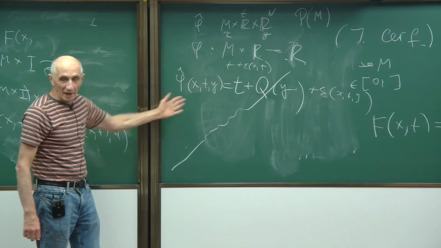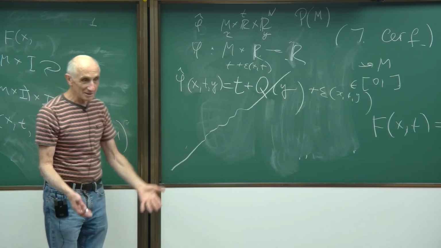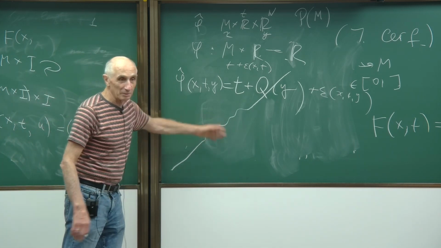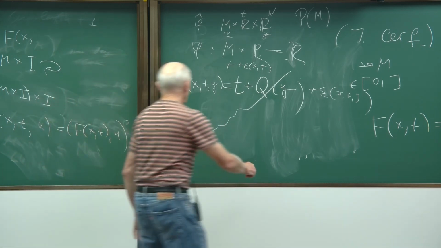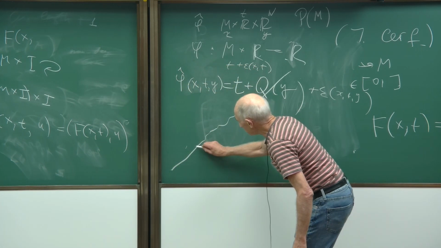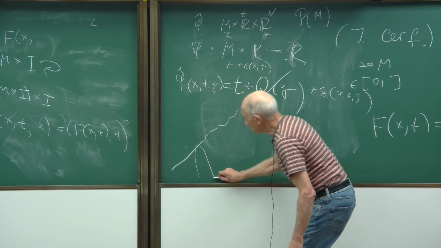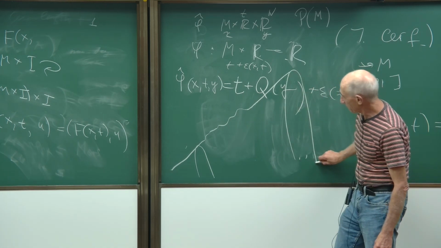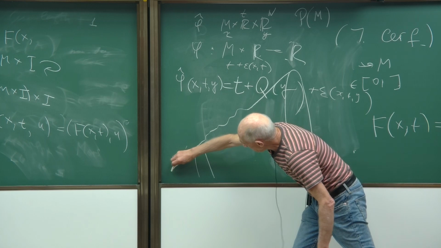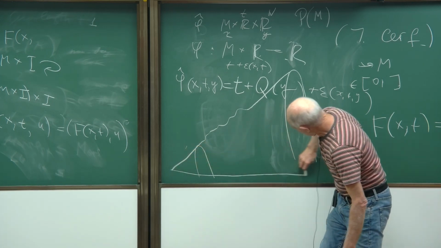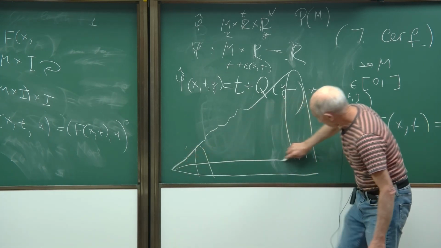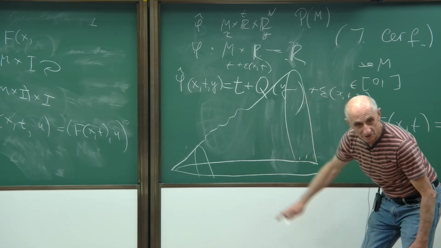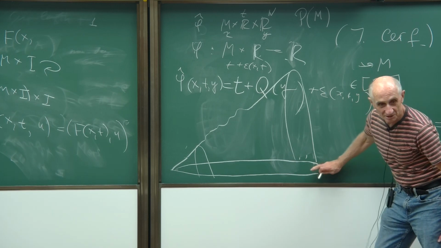So why does this have anything to do with my previous thing? How can this be interpreted? Look at this function. Here, for instance, I'm drawing this q like minus y squared, so it looks like this graph of a function. Now you take a level set of this function far below. Far below, this is just a quadratic function, so this is a standard disk here.